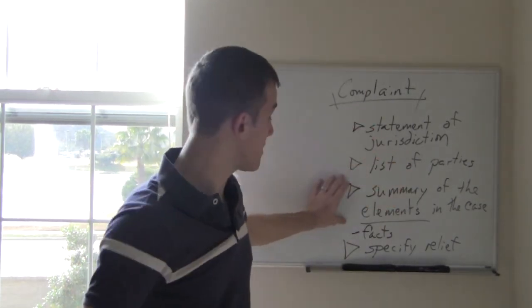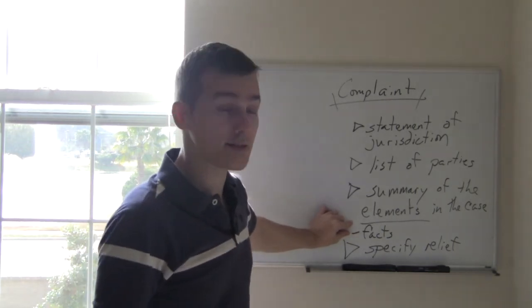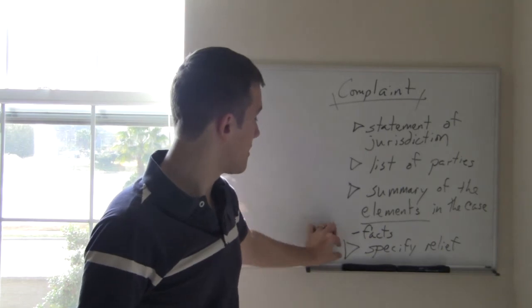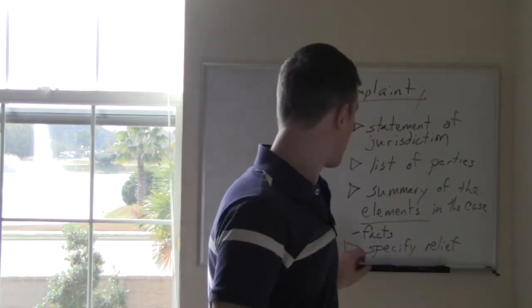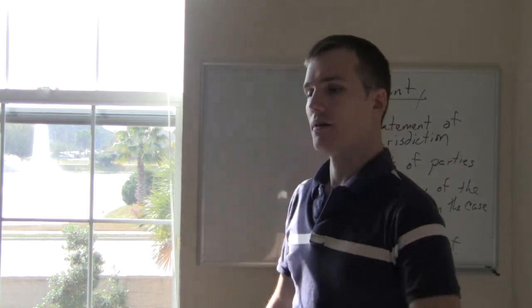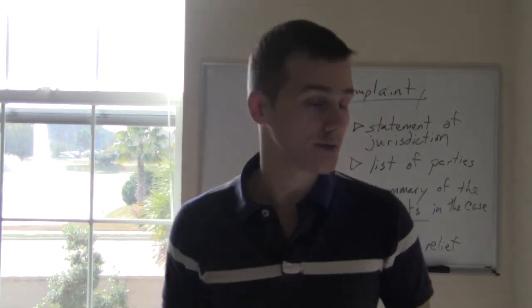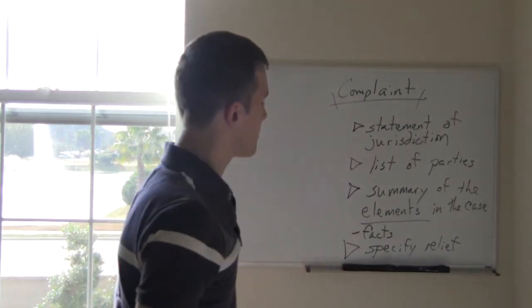Trespass means X, Y, and Z. And here's the facts that support X, Y, and Z. And then you'll find that all these things are true. So I want him to pay for having to cover up his footprints, or crushing my beautiful flowers that I've planted over the years, etc., etc. So those are the general elements of a complaint.